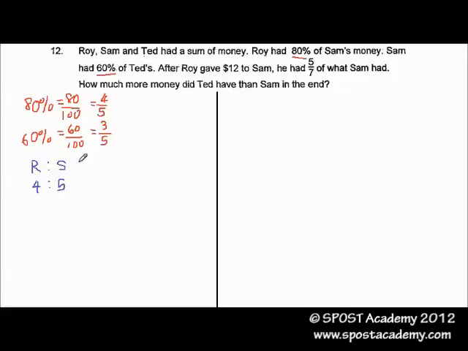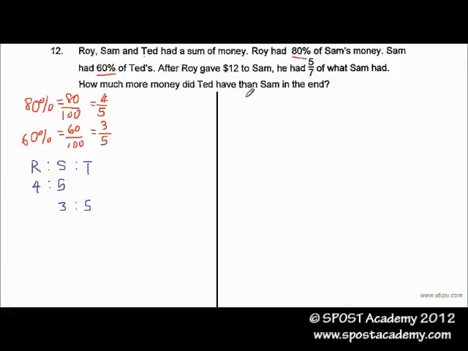So if I'm comparing Sam to Ted, Sam would have 3 units while Ted would have 5 units. If you look at the ratio here, Sam is the same person, but when we compare Sam to Roy, Sam is only having 5 units.